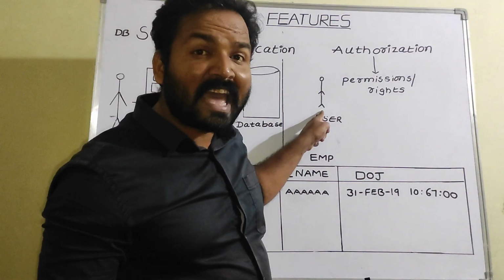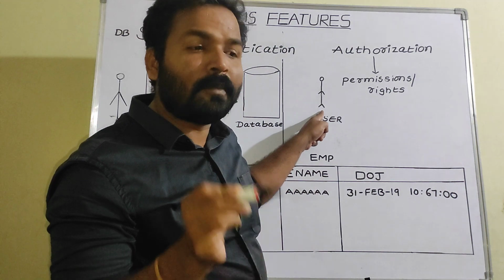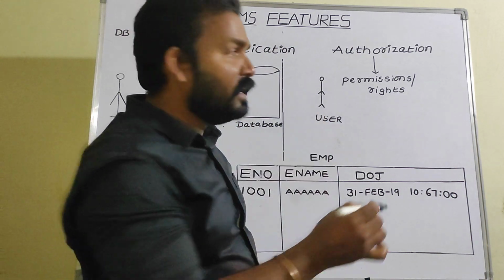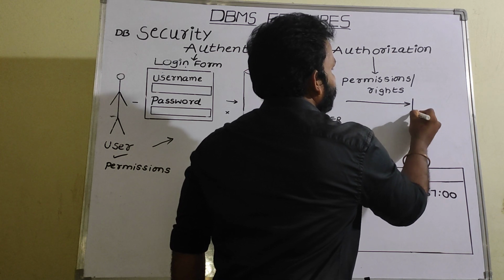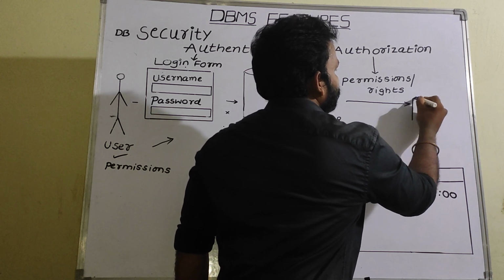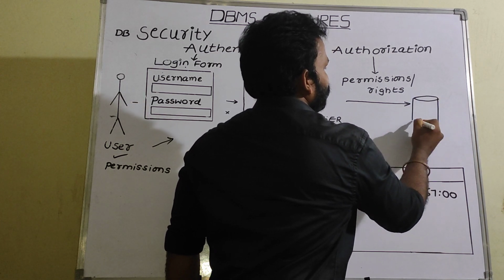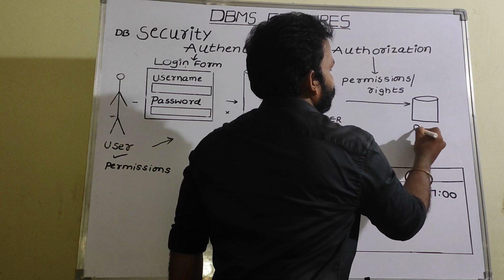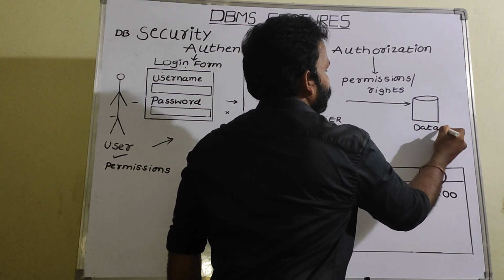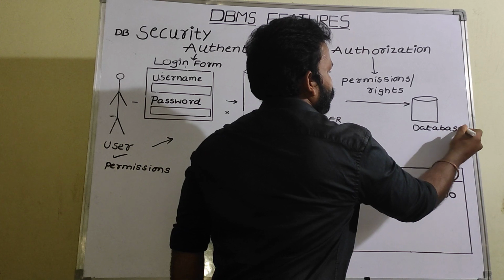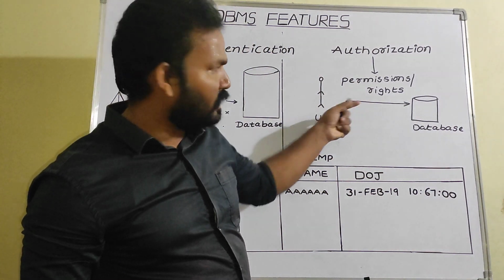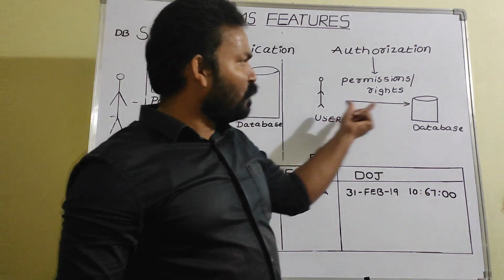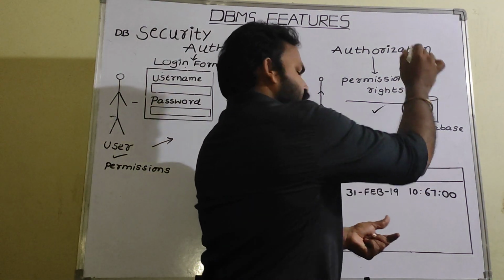If the user has rights or permissions, then only he can work with the database. Authorization will check the user's permissions or rights. If the user has permissions or rights, then the user can work with the database.